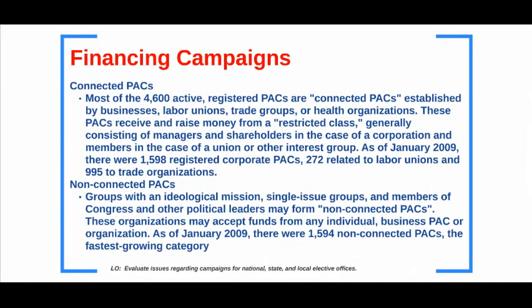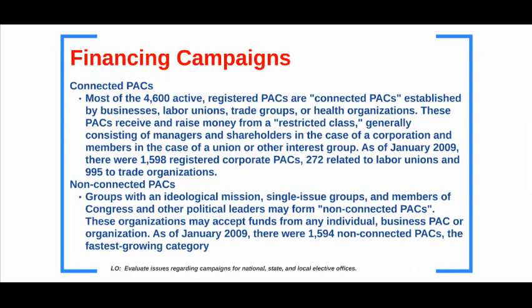Connected PACs. Most of the 4,600 active registered PACs are connected PACs, established by businesses, labor unions, trade groups, or health organizations. These PACs raise money from a restricted class, generally consisting of managers and shareholders in the case of a corporation, and members in the case of a union or other interest group.